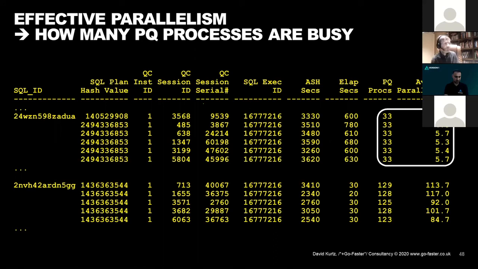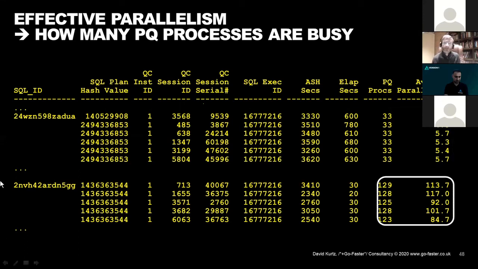Well, here I've got a parallel 16 statement. I've got 16 producers, 16 consumers, and a query coordinator, but only about 4.5 to 5.5 of them are really active. So in this case, I've probably wound the parallelism up too far. Here, I'm getting up to 129 processes, and usually over 100 of them are active at any point in time.